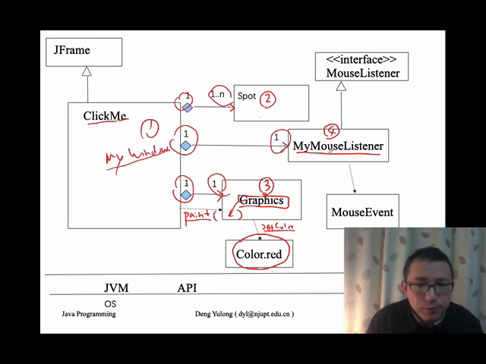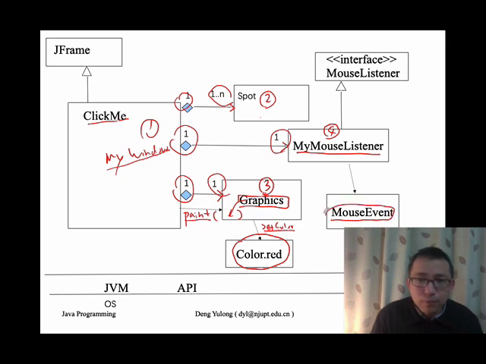MyMouseListener is an object that can get the mouse from the operating system. And the very important task for this object is the information that it should get. It should get the actual position of the mouse. And the actual position of the mouse is stored inside the object named MouseEvent.